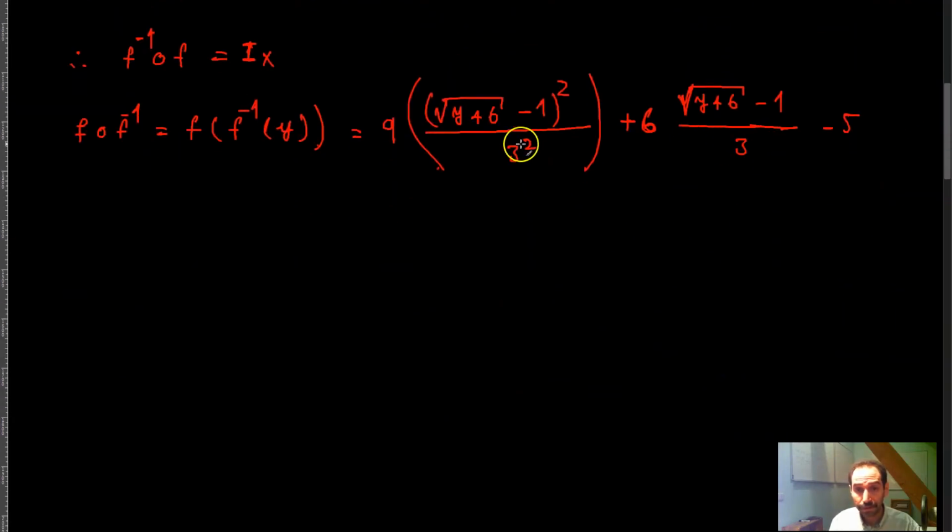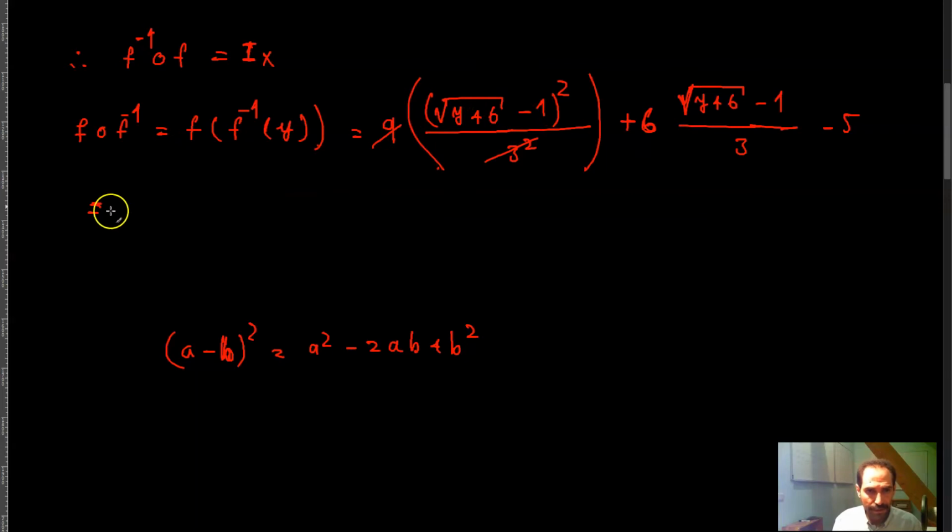Now the 9 and 3 squared you can cancel out. And this is a minus b whole squared, so you know that a minus b whole squared is equal to a squared minus 2ab plus b squared.